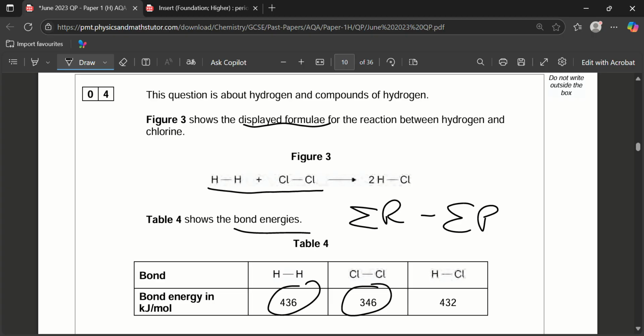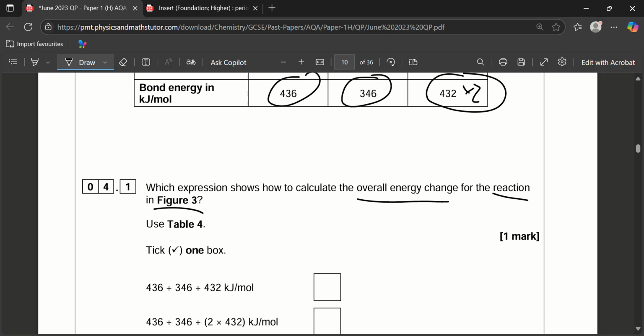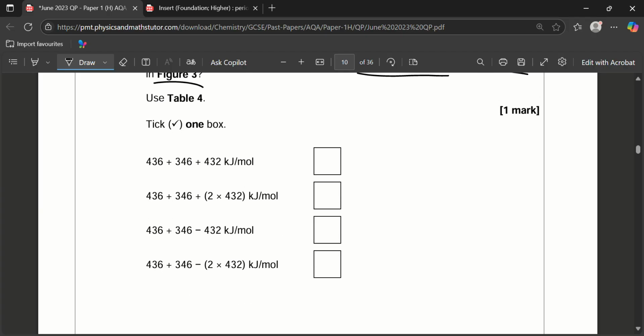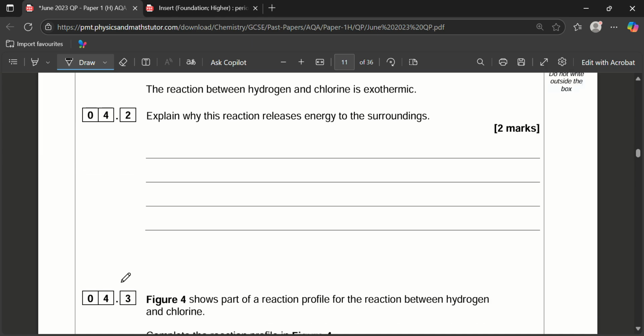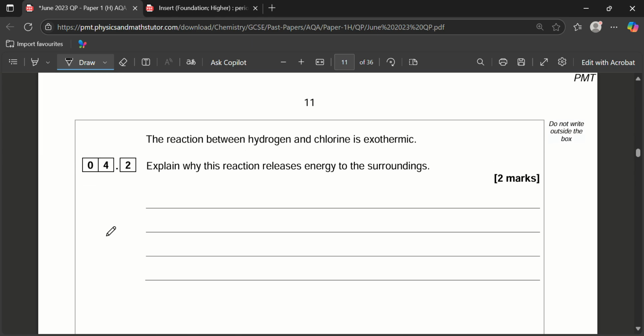So we'll take this 436, add it to this 346 to make up the sum of the reactants, and we'll subtract the sum of the products, and we have two HCl bonds. So we're going to take away 432 times 2. Looking down here, it's going to be this last one. Yep, there we go. Took me a second to see, but yeah.